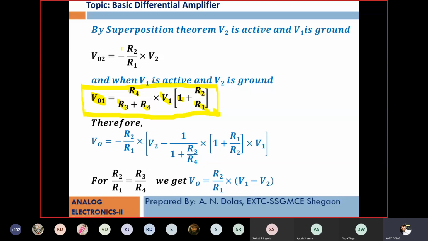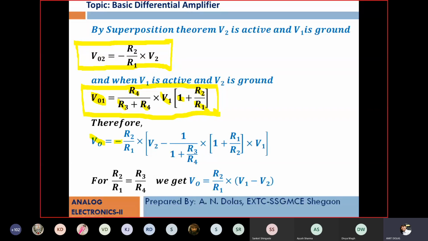Whatever we have seen earlier is the voltage due to source V2. So combining together, the output voltage will be the summation of VO1 and VO2. Therefore, together we have VO equal to the VO1 value and the VO2 value added together.